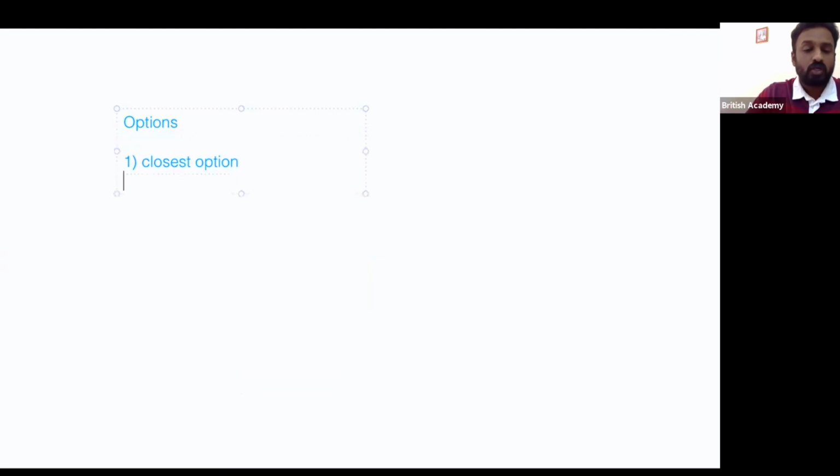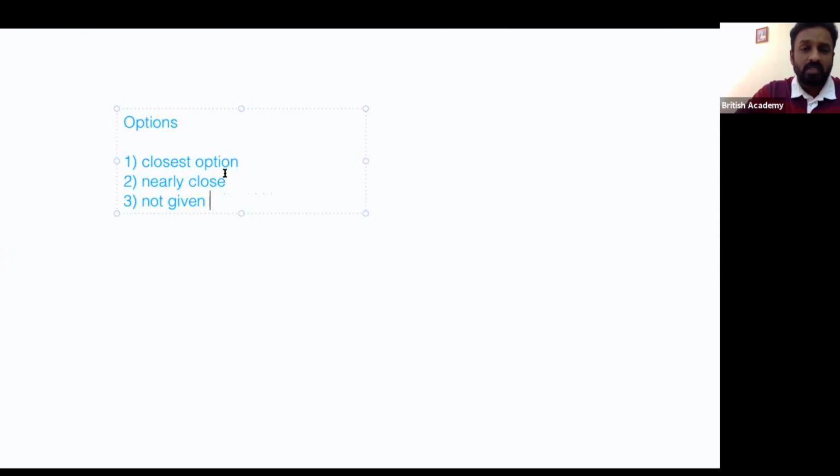The first option can be the closest one. The second one would be nearly close. Why do I say nearly close? There may be one or two words which change the meaning and contradict the given text. And the third option will be not given; there will be nothing mentioned about it. This is the kind of thing you're going to get.